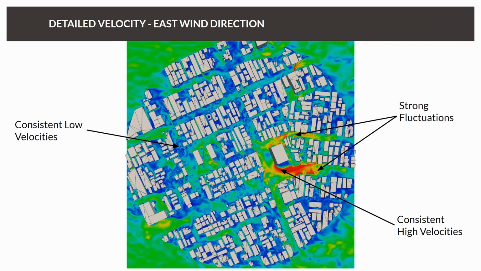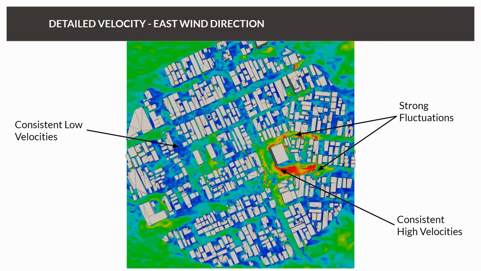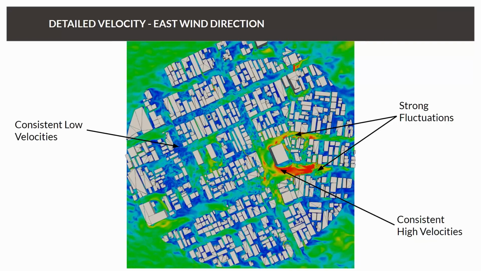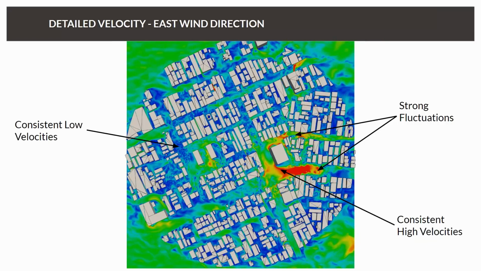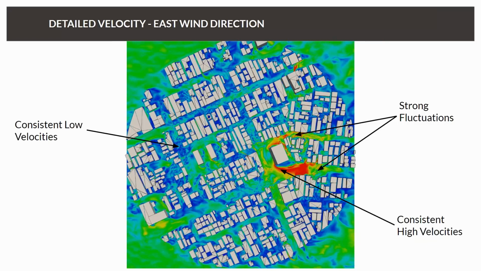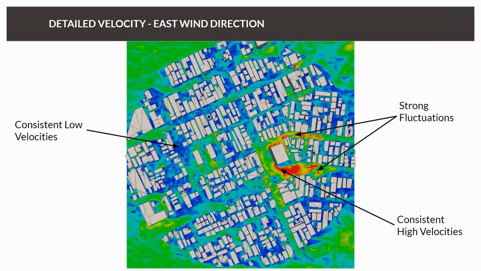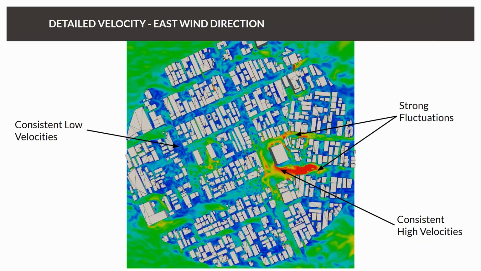What we're seeing here is very strong fluctuations around the building of interest. We're also seeing consistently high velocities coming around that corner, and a lot of low velocity fluctuations behind the buildings as well. And this helps us understand what effect our buildings are going to have on the pedestrian comfort.